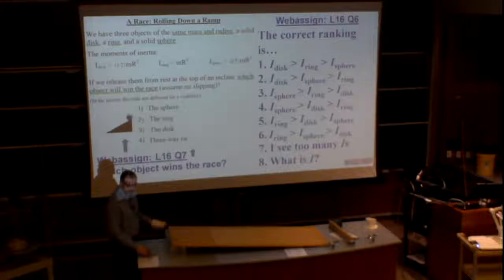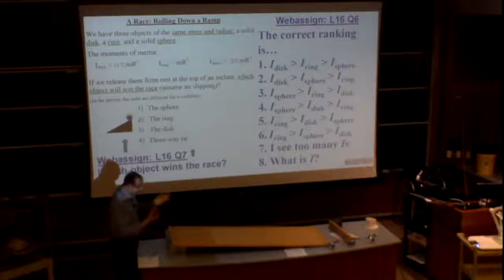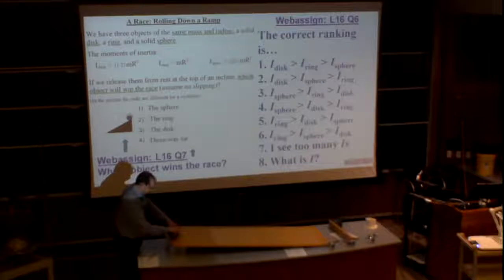But why did you choose that the sphere will win the race? Well, that's a good analogy. Yeah, it has less inertia, so it's going to be easier for the sphere in the same time to travel a longer distance. So let's see.